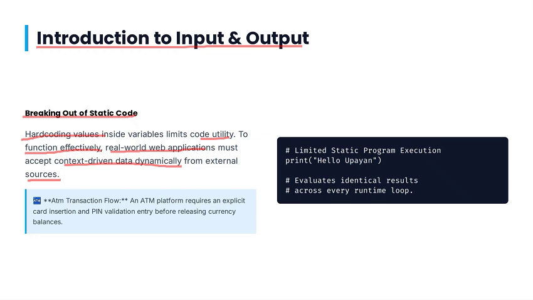An ATM platform requires explicit card insertion and PIN validation entry before releasing currency balances. That is, when we are writing a program, first we have to give an input and then only we can accept an output. So generally we will be talking about that input and output system in this part.